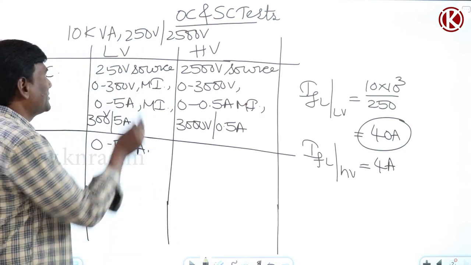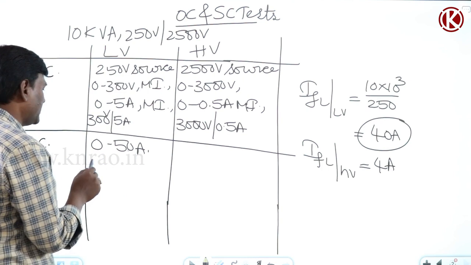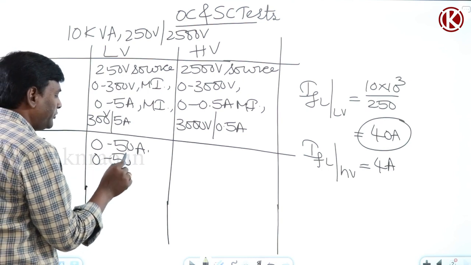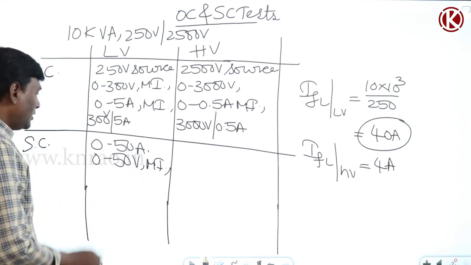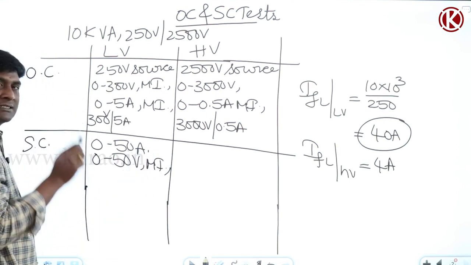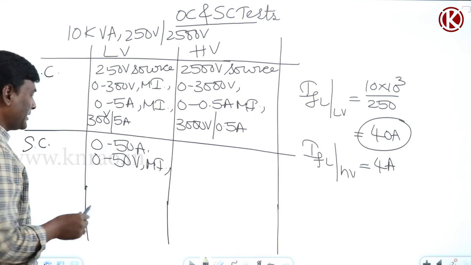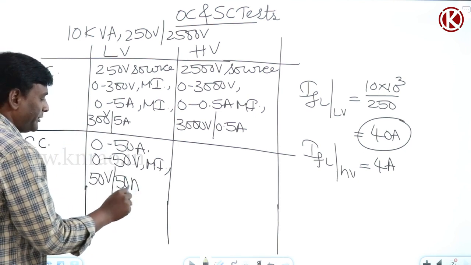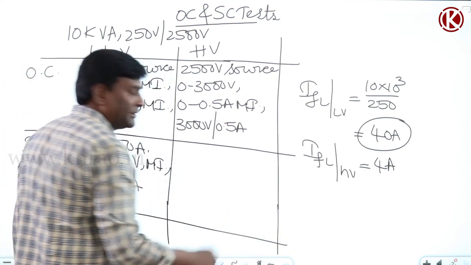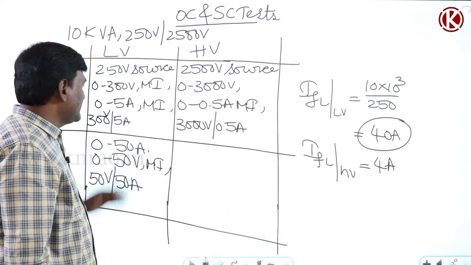So 12% of 250, or maximum 20%, is going to be 0 to 50 volts. I can write MI here, because it is less voltage only. Now if you think of the wattmeter, because in each test I have to connect a voltmeter, ammeter and wattmeter, this is going to be 50 volts by 50 amperes. Wattmeter should be there.